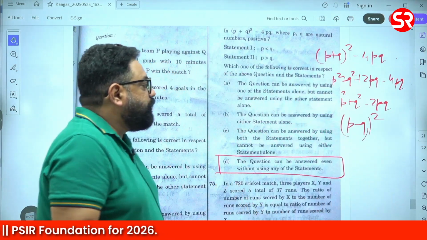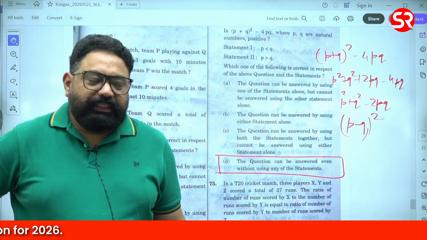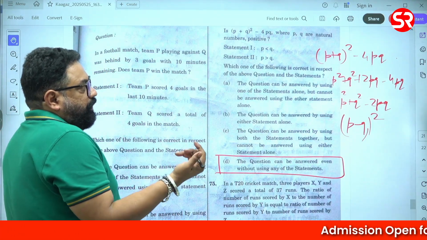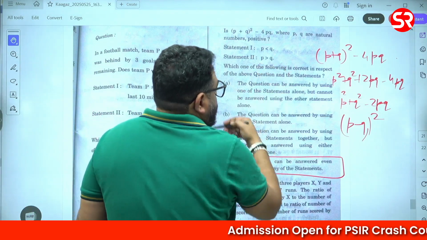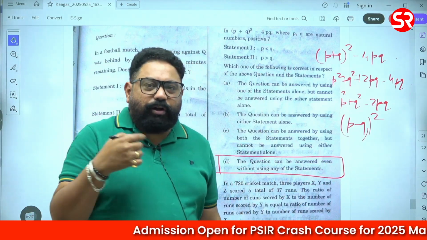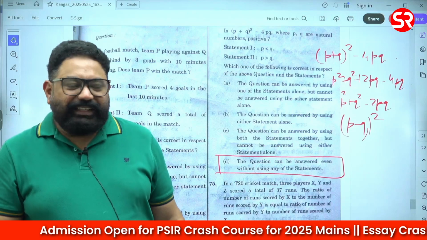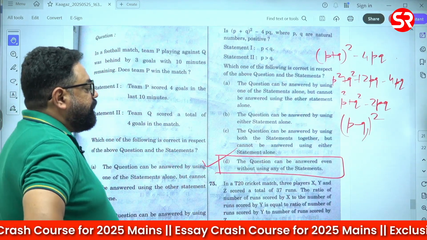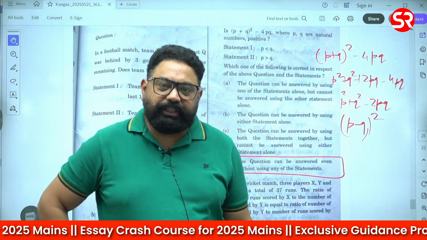This has to be positive, right? This is a whole square, this is always positive, isn't it? ये हमेशा positive है. The question can be answered even without using the statements.